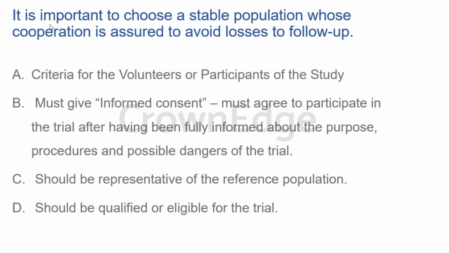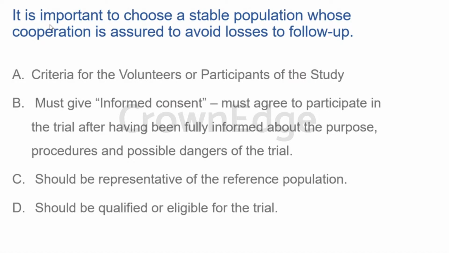He or she should be representative of the reference population, and should be qualified or eligible for the trial. What do we mean by qualified or eligible? For example, suppose we have a drug that combats anemia. A person who is not anemic cannot be a part of your study.